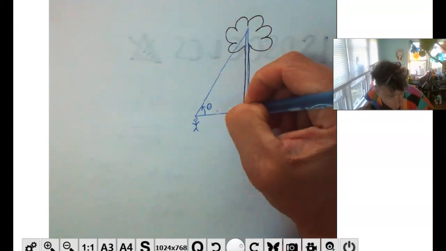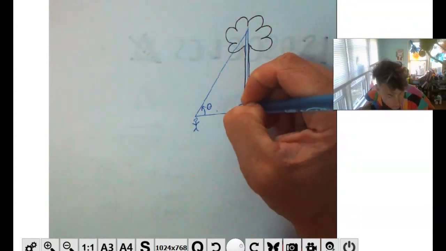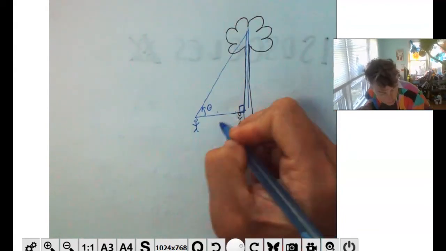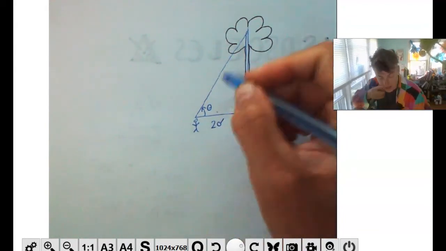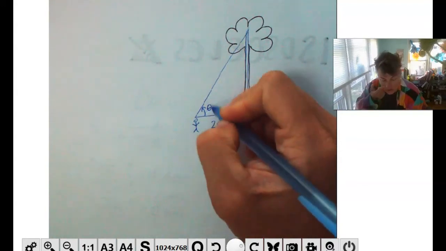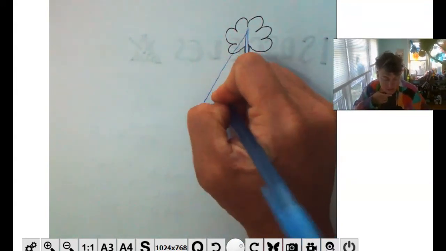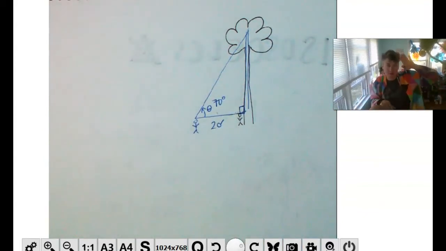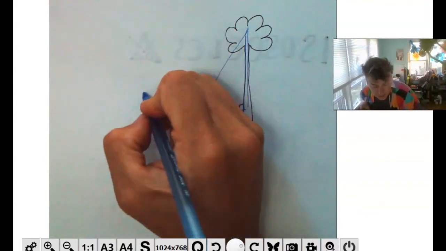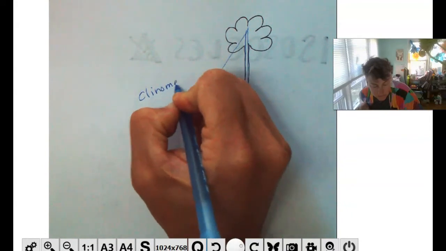And we've now made a, well, it really should be putting the side of the tree there, shouldn't it? Yeah, cool. We've made a right triangle where we know that we walked 20 feet away. We know this angle measure. Let's say we measure it to be 70 degrees using that clinometer phone app. Clinometer.